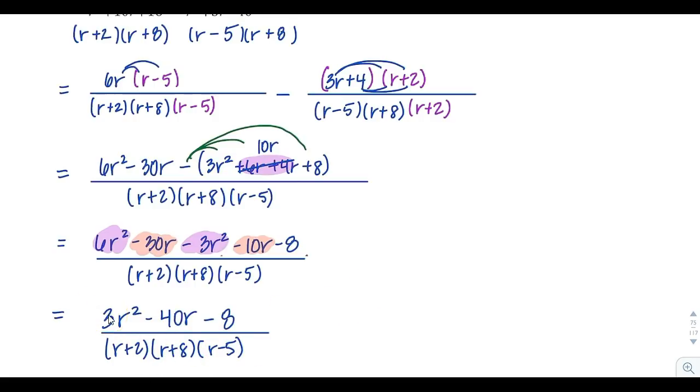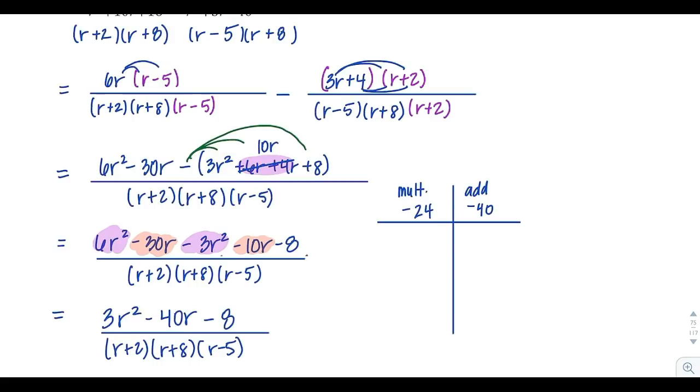So here, let's create our table to see if we can factor. Since the leading coefficient isn't 1, since it's a 3, we want to think about two numbers that multiply to give us negative 24. So 3 times 8, that multiply to give us negative 24, but that add to give us that middle term, negative 40.